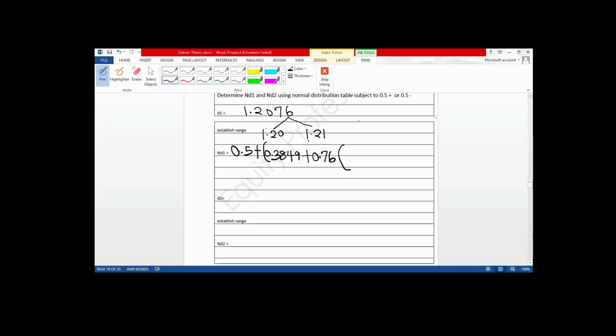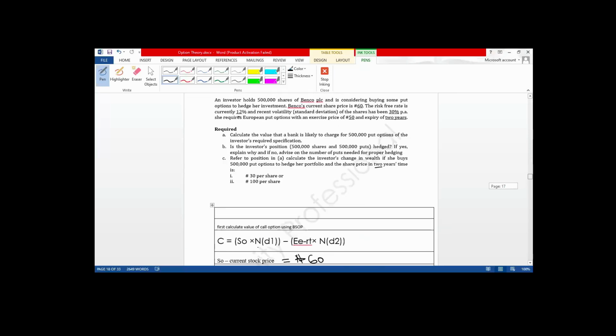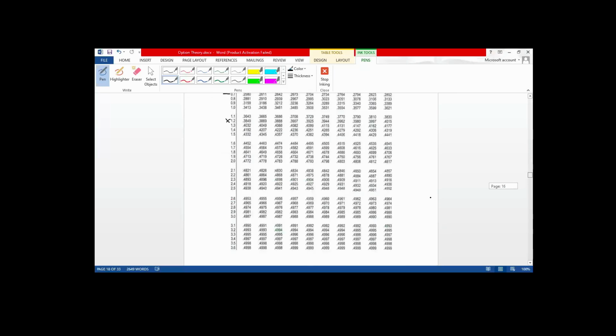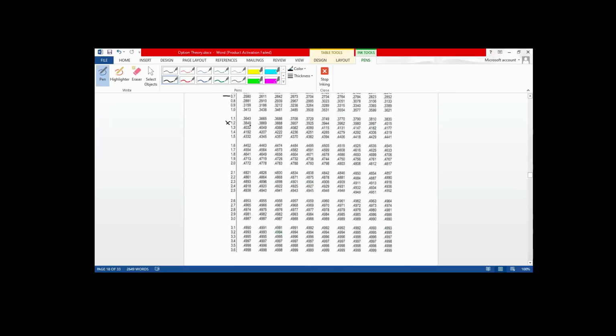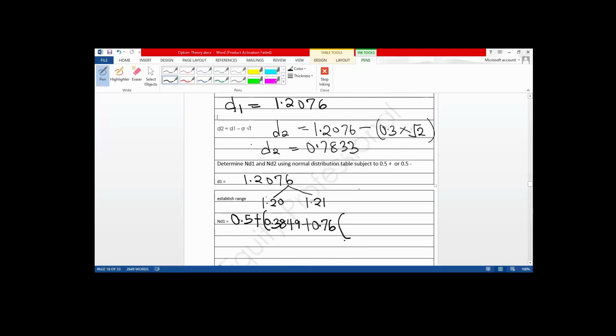Go to the table again. Check 1.2 under 1. 0.3869.